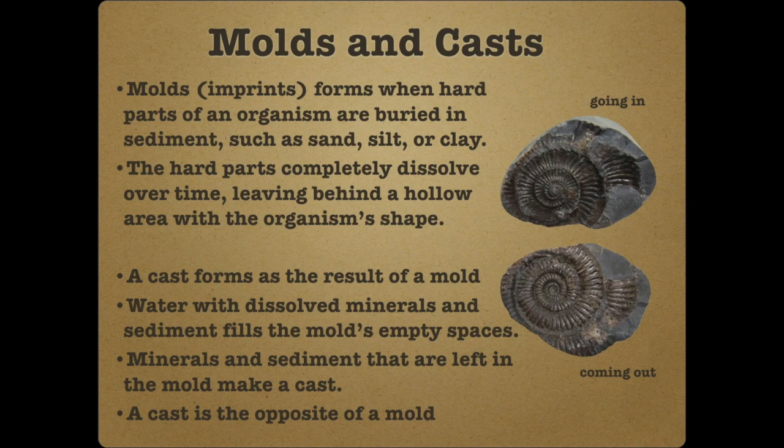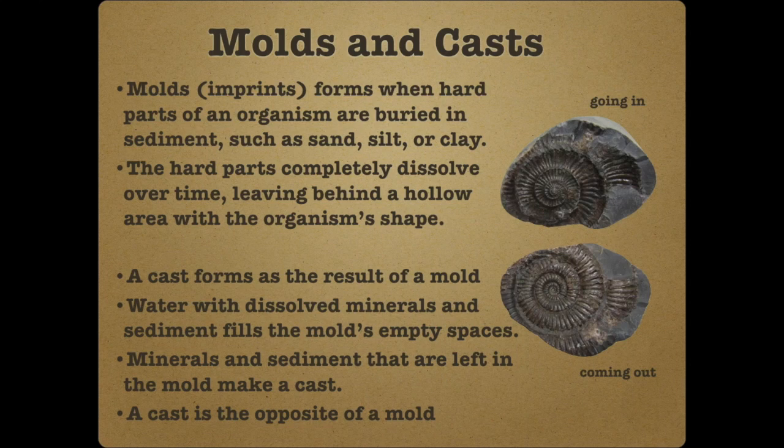All the organic material, the flesh, the bones, the fur, starts breaking down and completely disintegrates, but you still have that shape of the organism. Then minerals start seeping through. What was left behind, that shape of the fossil, that's the mold, the imprint. Now the minerals come down and fill that space, and when the minerals solidify, it takes the shape. That would be the cast.